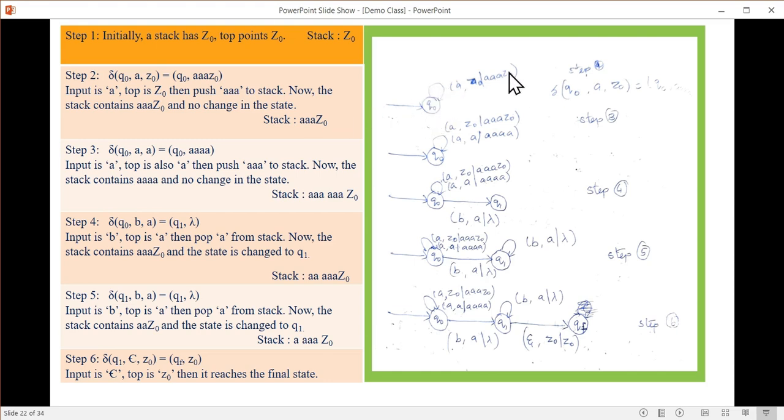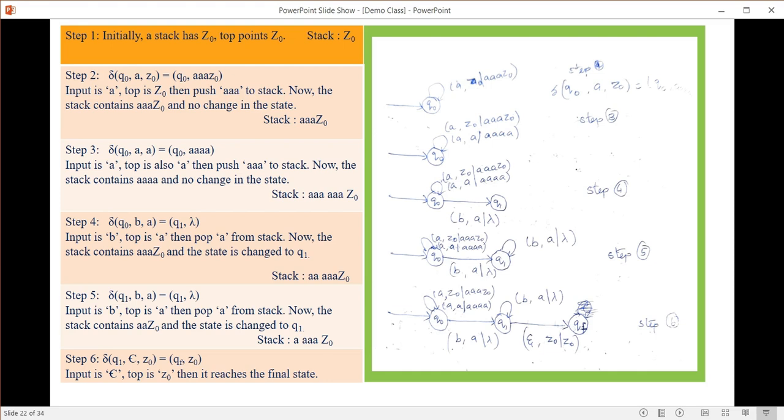The corresponding diagram is given, that is Q naught. The input is coming in the initial state, that is Q naught. It has to stay in the current state itself, so one arrow is given like this. The input is A. The first item represents the input symbol, the next represents that Z0 is the top of the stack.